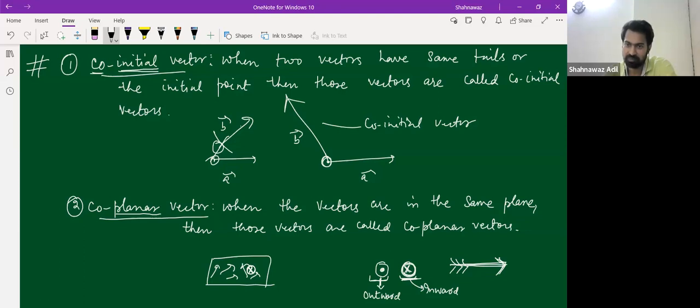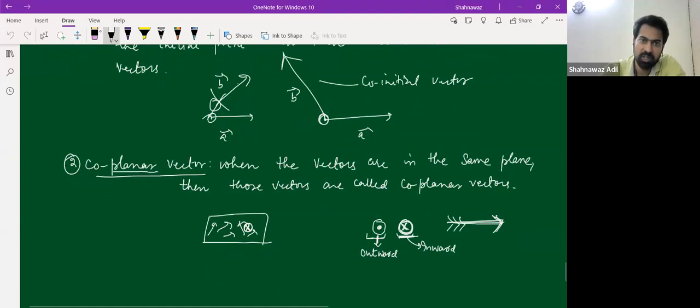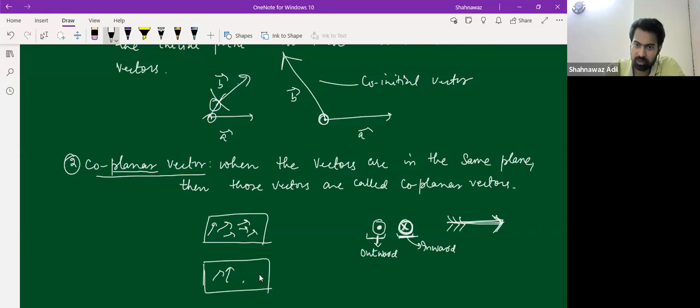So this cross is showing that this vector is going where? Let me draw it here.